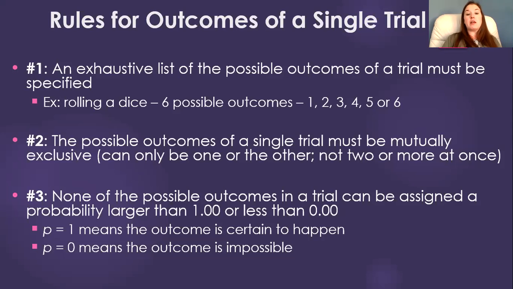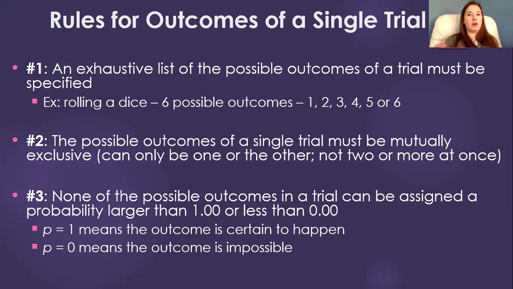Rule number 3 is that none of the possible outcomes can be assigned a probability larger than 1 or less than 0. A probability of 1 means that the outcome is certain to happen, that it's absolutely going to be the result. A probability of 0 means that the outcome is impossible.